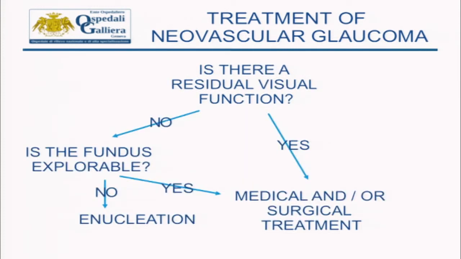A flow chart that we use is an effort to arrive at a staging of this kind of neovascular glaucoma, like macular damage. We have to have a classification from the visual point of view or the anatomical point of view, or a mixed one, looking at the final event, which is the enucleation.